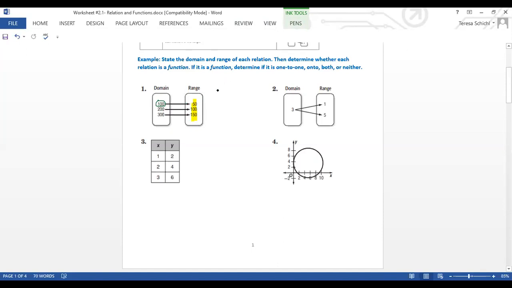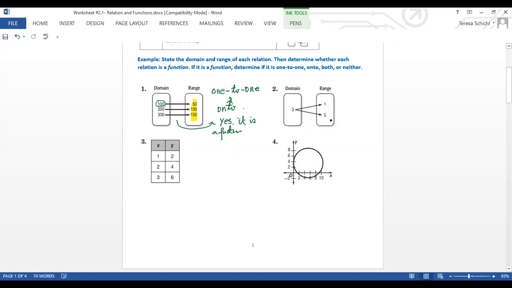So this one is one-to-one and onto. This is a function, so we say yes, it is a function. Okay, that's good.